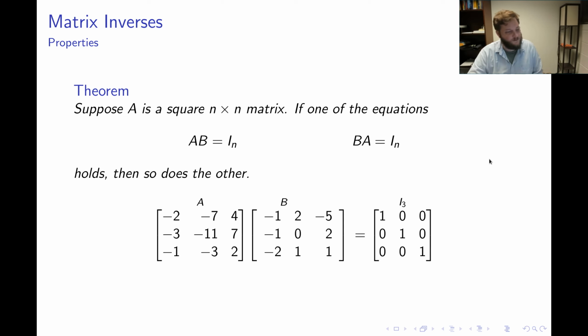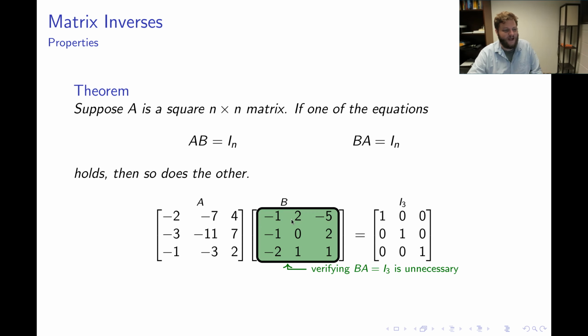So that's useful. How could I use that? Well, here's a calculation. I took a matrix A and I multiplied by this matrix B to produce the 3 by 3 identity matrix. Now, normally, if we started from the beginning of this lecture, all I could conclude here is that B is a right inverse of A. But given the context of this current theorem, once I've verified that A times B is the identity, because these are square matrices, I don't need to verify that B times A is the identity.